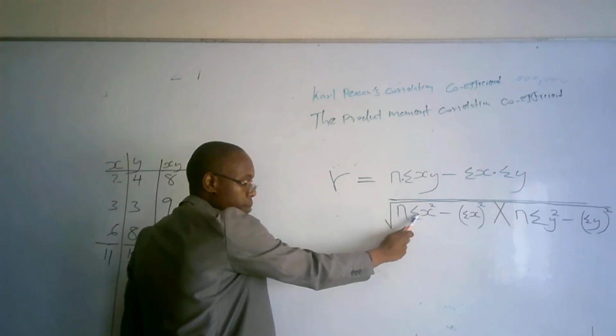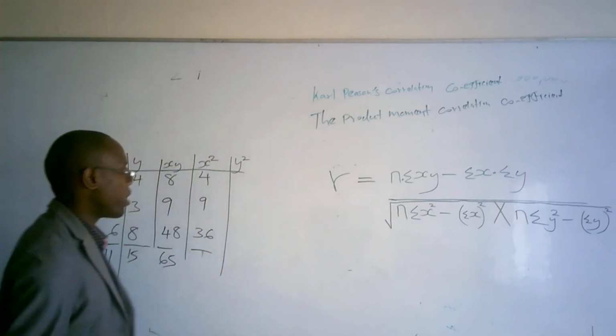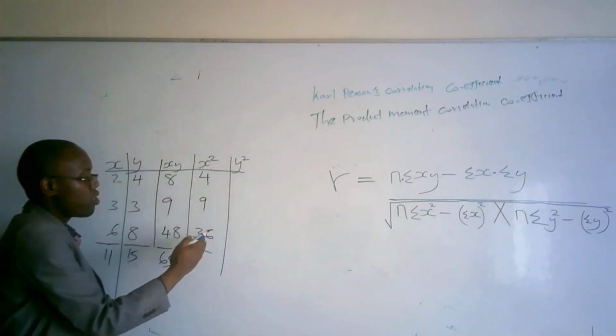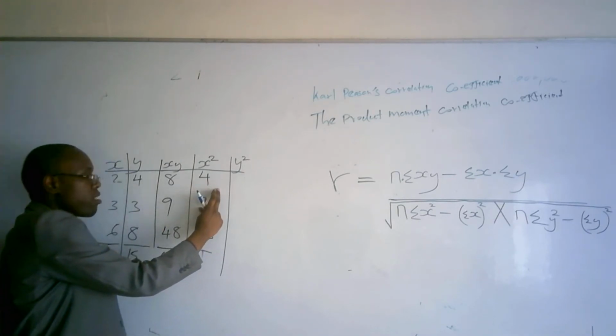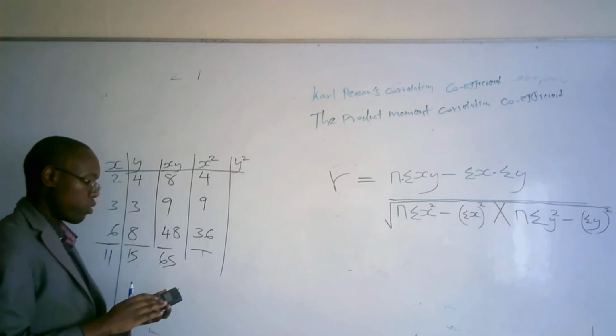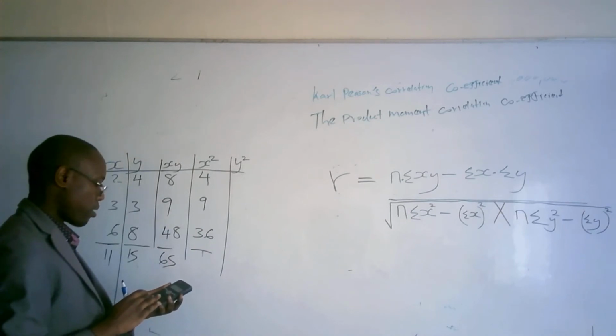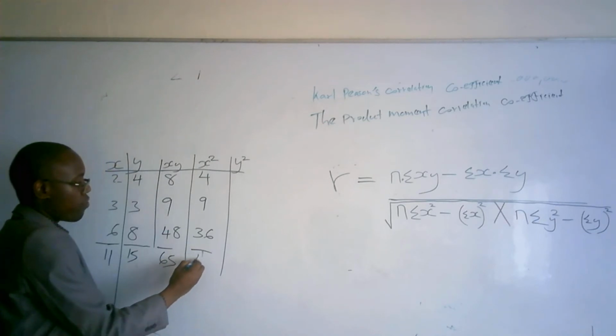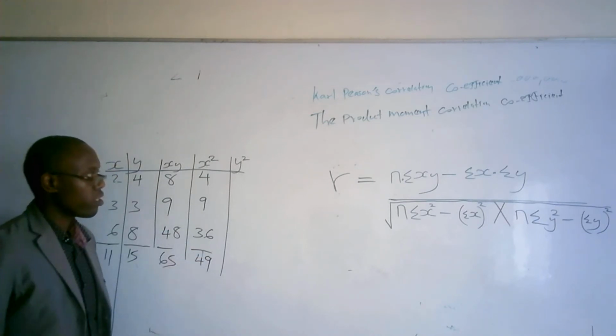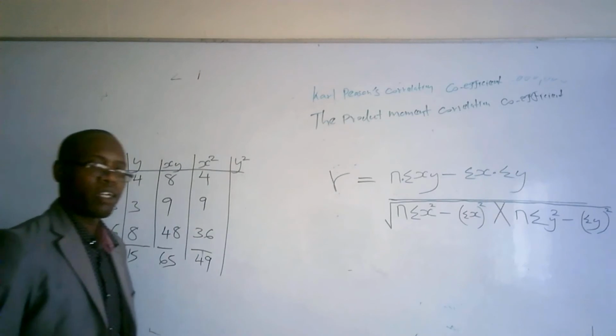So we take this 36, we add this 9, we add also this 4, which is 36 plus 9 plus 4, which is going to be 49.